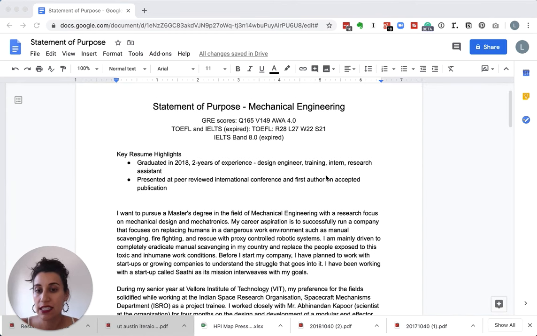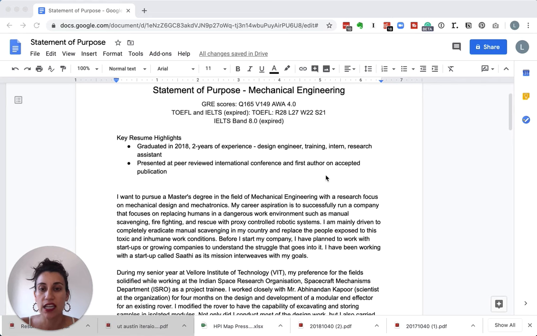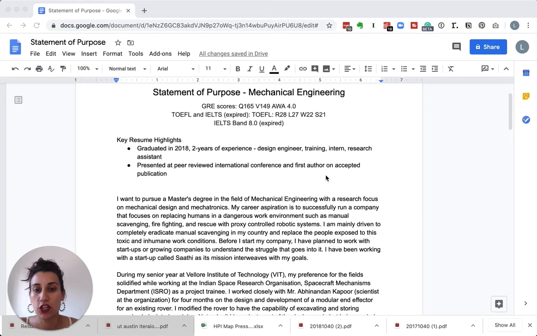And they have a decent amount of experience. They graduated 2 years ago. They've worked in various roles doing different engineering projects. They've also presented at a peer-reviewed international conference and had a first author publication accepted from that conference. So overall, this is a great candidate for a master's in mechanical engineering.